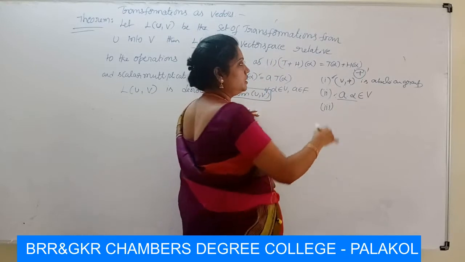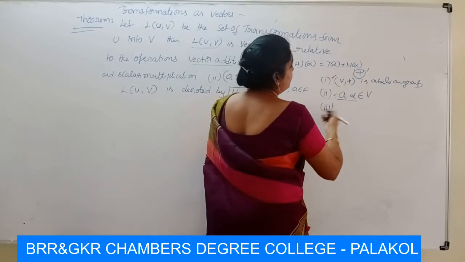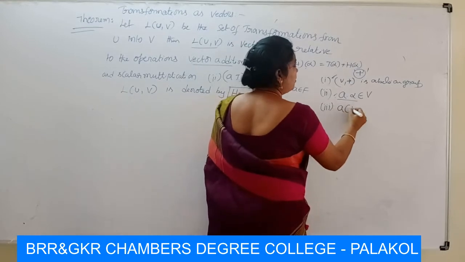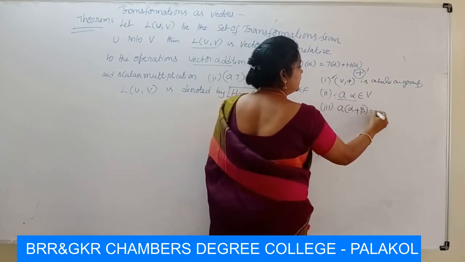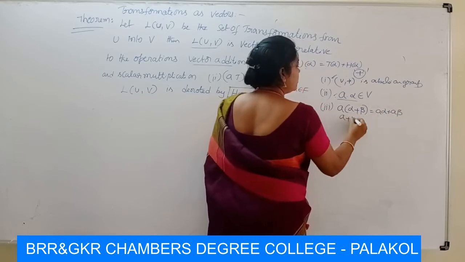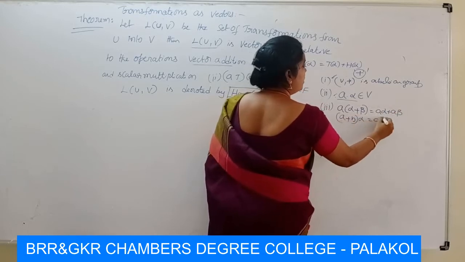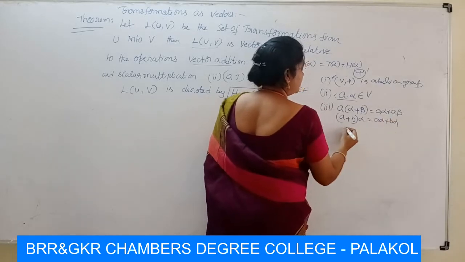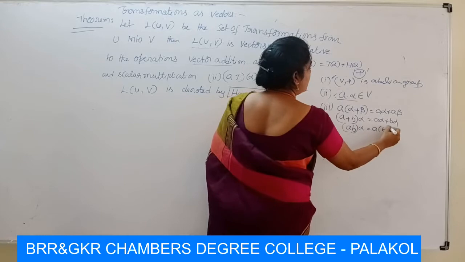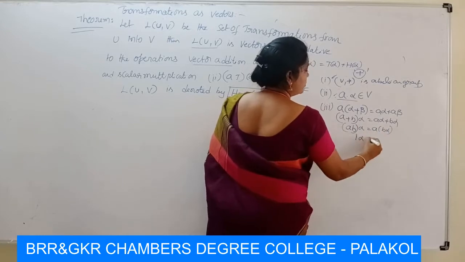With respect to these operations, they obey some properties. Those are a into alpha plus beta is equal to a alpha plus a beta, and a plus b into alpha is equal to a alpha plus b alpha, and third one is ab into alpha is a into b alpha, and last one is 1 into alpha is equal to alpha.